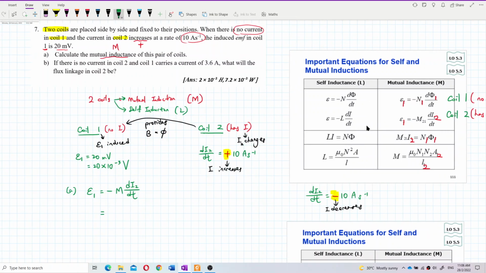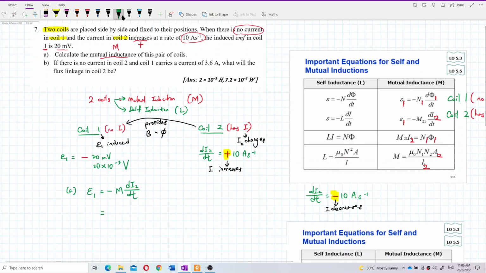Actually, the E1 should have a negative sign because it's back EMF. If you don't put the negative sign for the EMF, then the mutual inductance will have a negative sign, which is weird. So back EMF should always have a negative sign.